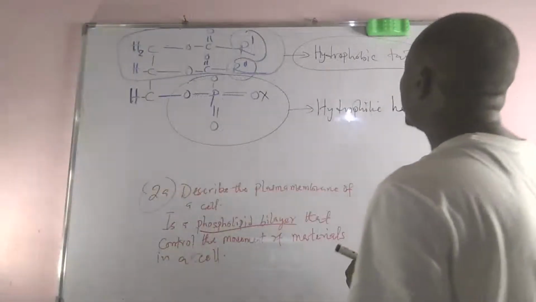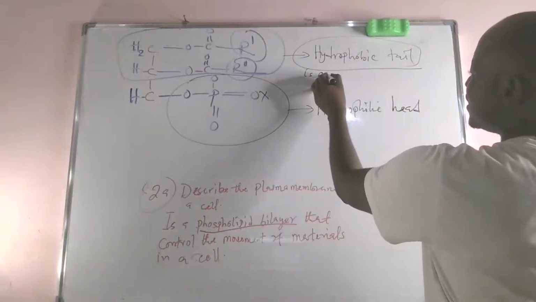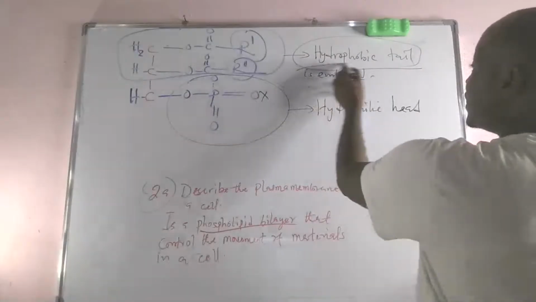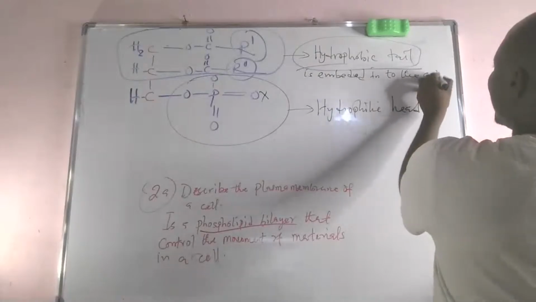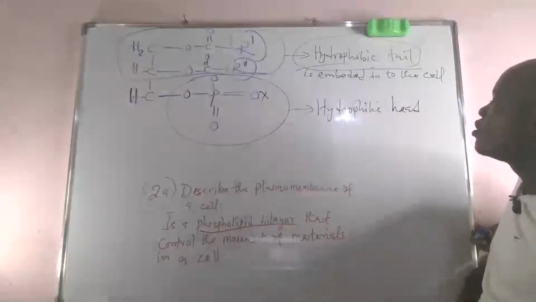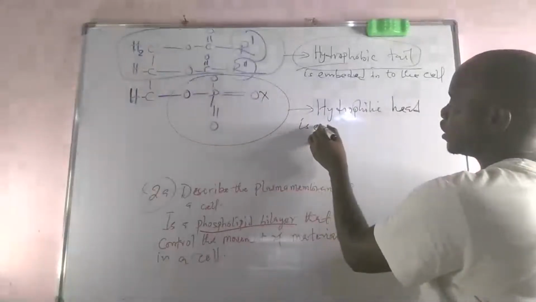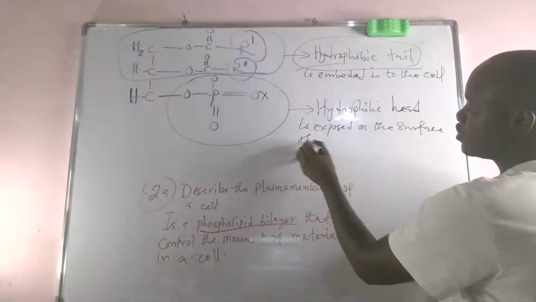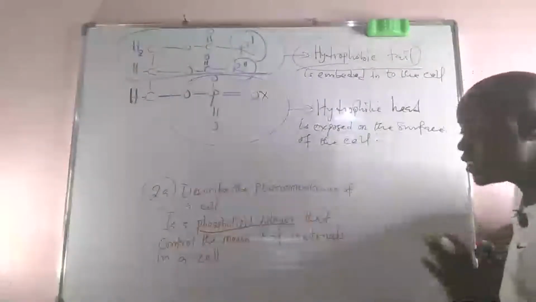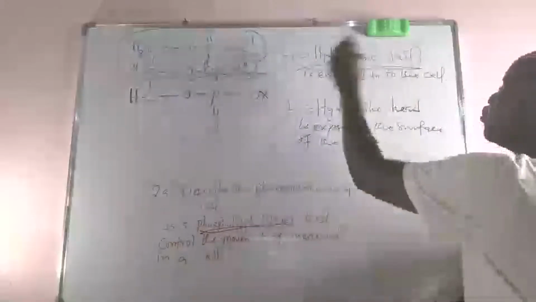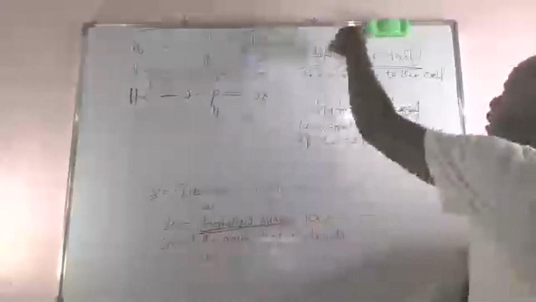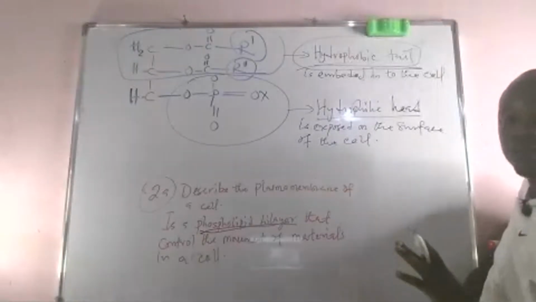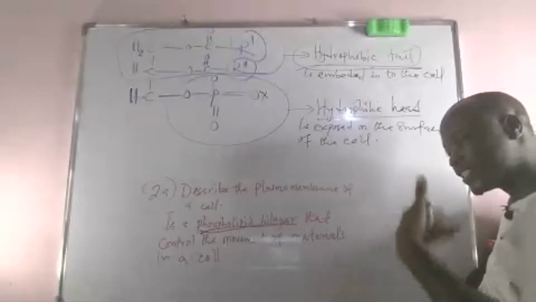So the hydrophobic tail is embedded into the cell, while the hydrophilic head is exposed on the surface of the cell. So if you do this, you are describing.